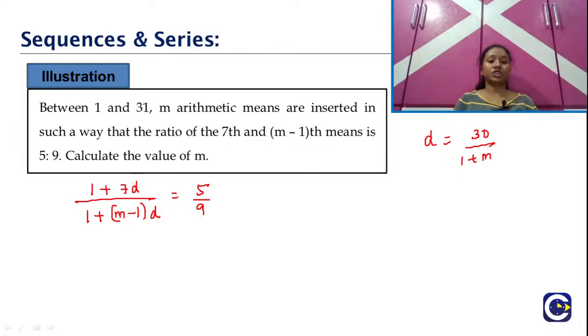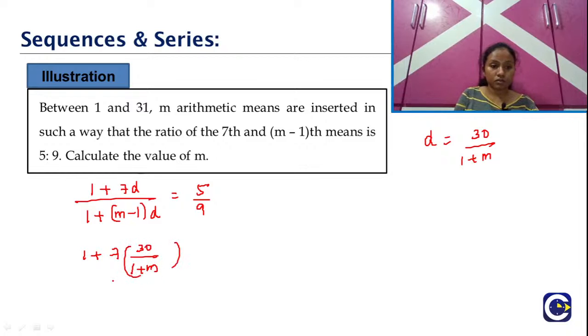So this is the ratio. Let's substitute the common difference D here: 1 plus 7 into 30 by (1 plus m), divided by 1 plus (m minus 1) into 30 by (1 plus m).